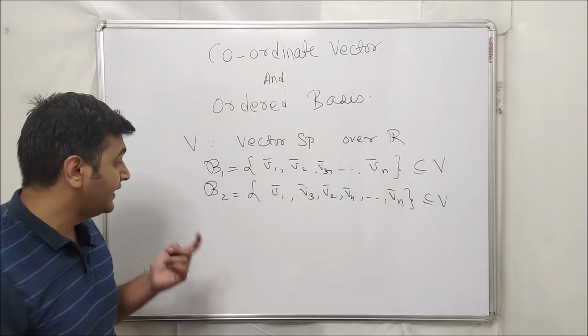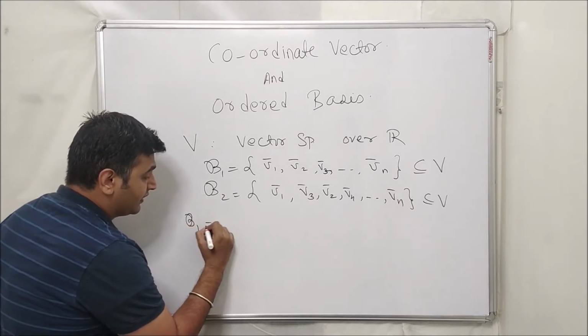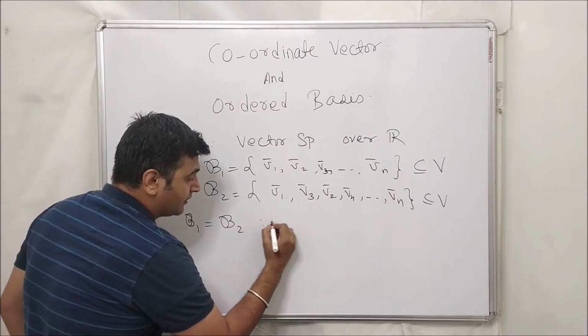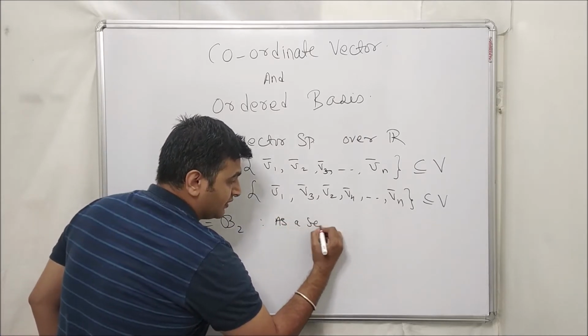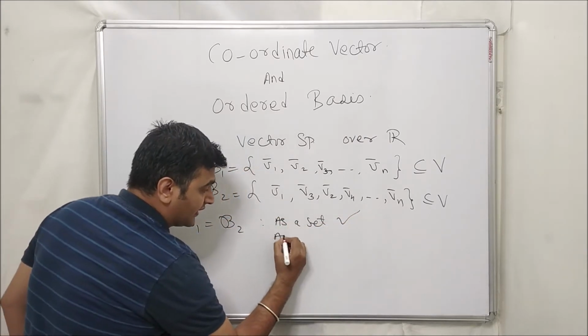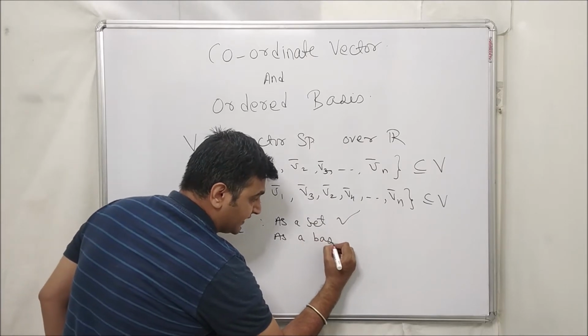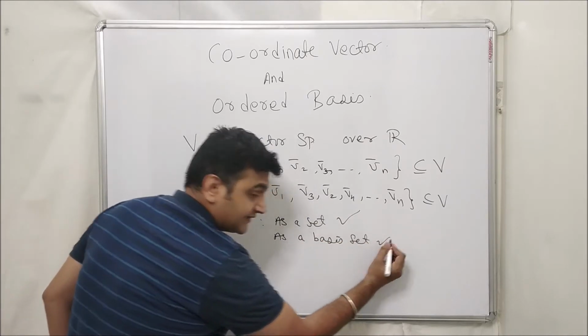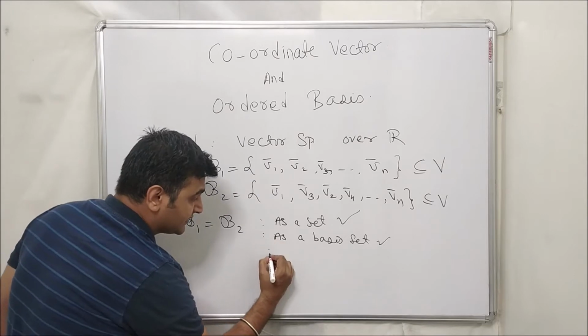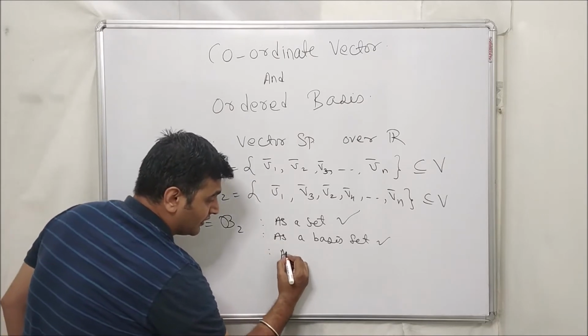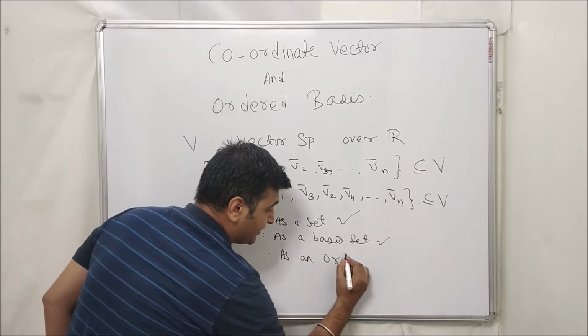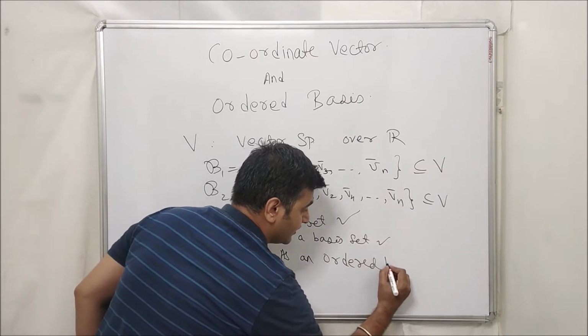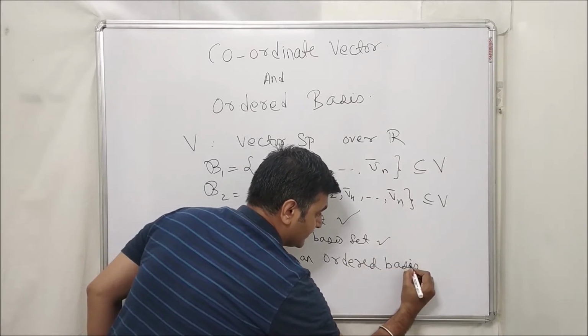So B1 is equal to B2 as a set, yes. Are they equal as a basis set? Yes. But the question is, are they equal as an ordered basis set?